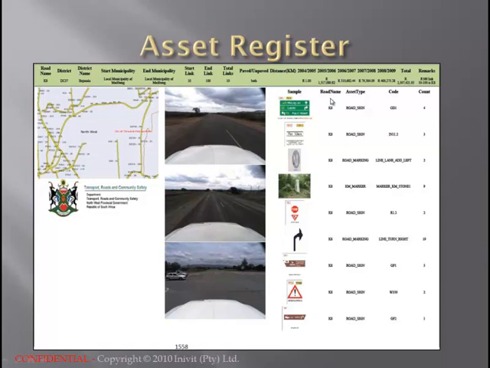An asset register can now be compiled electronically, where the map of this road can be indicated, the name, what municipality, what region, and also what was the expenditure each year on this road infrastructure, calculating the expenditure and real value of this asset.